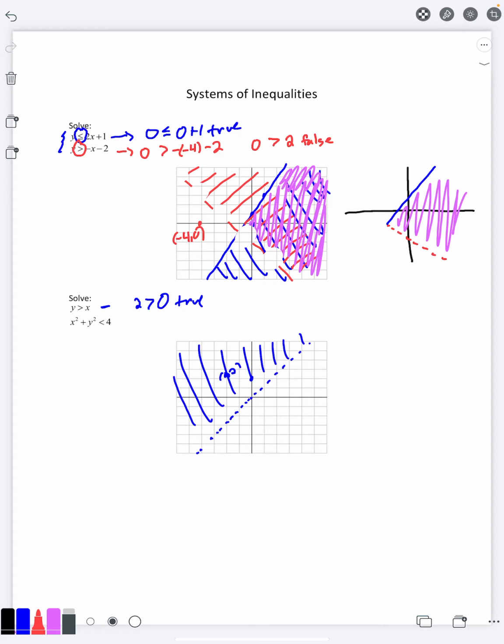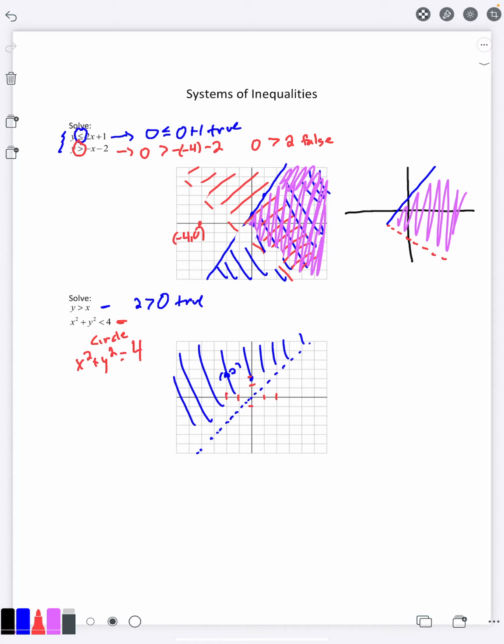The second one, however, is not a line, this is a circle, right? x squared plus y squared is 4 is a circle with radius 2. So sometimes you could have circles, occasionally you might have a parabola. On the hard ones, maybe an ellipse or a hyperbola. But you might have a little bit more complicated shapes like that. Now a circle of radius 2, you have to go out 2 in each direction.